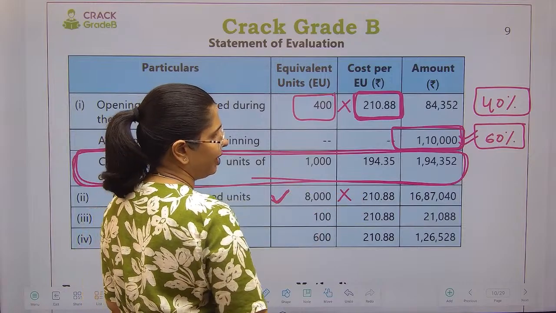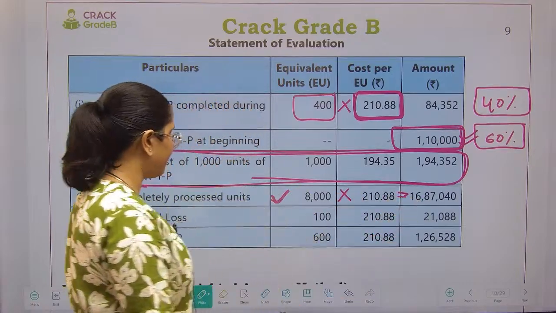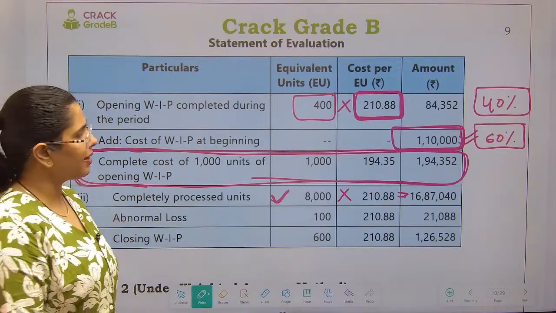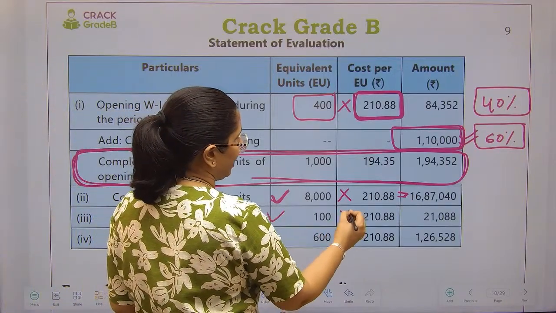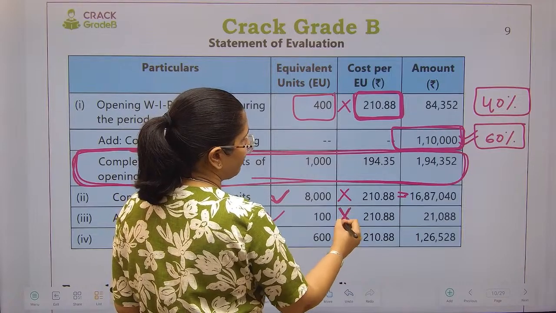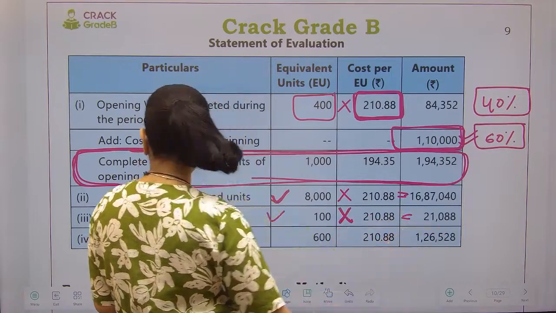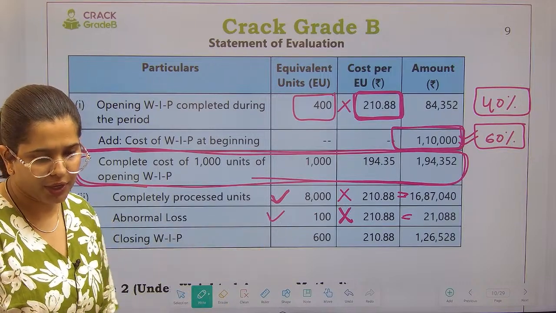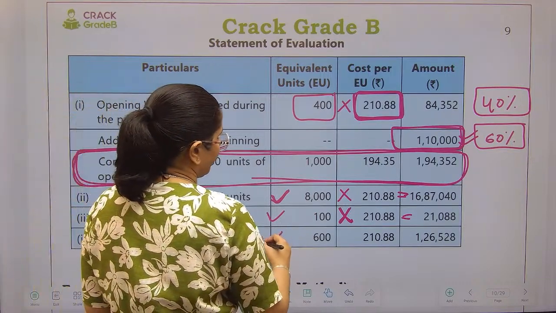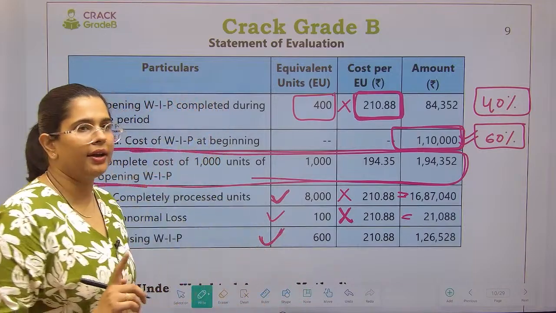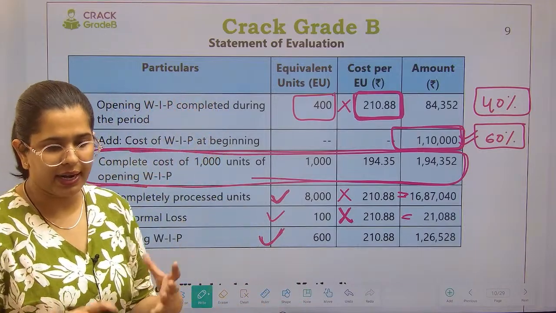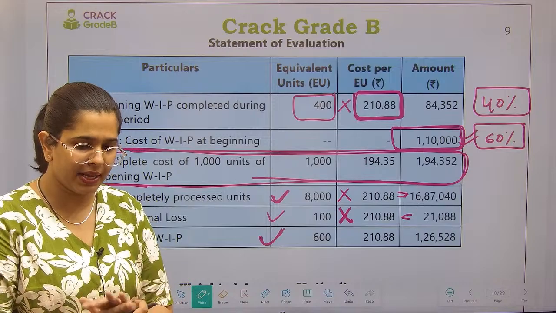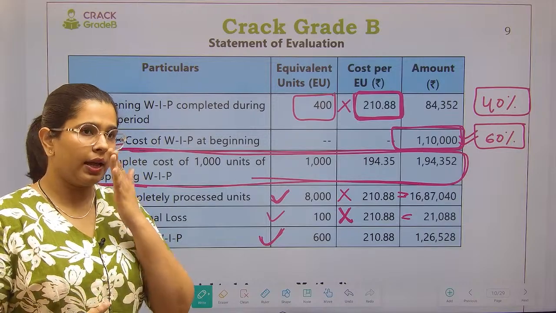So 210, this is your cost for the completed units. Abnormal loss का valuation आप separately करेंगे. 100 units is the abnormal loss multiplied by 210 and this is your abnormal loss का valuation. Similarly, closing WIP का valuation कितना होगा? 600 units. Not 800, because actually the equivalent number of units are 600. That means equivalent का मतलब क्या होता है?